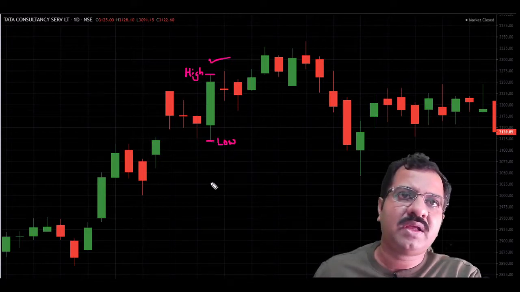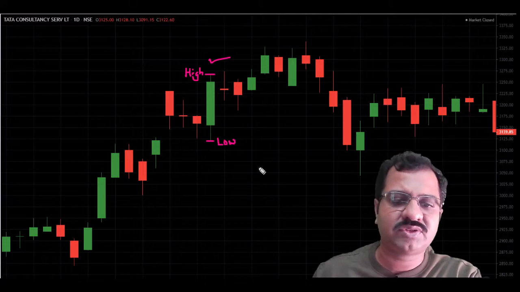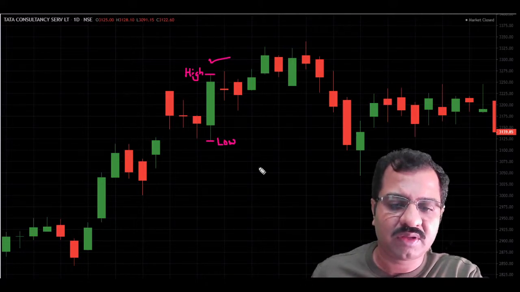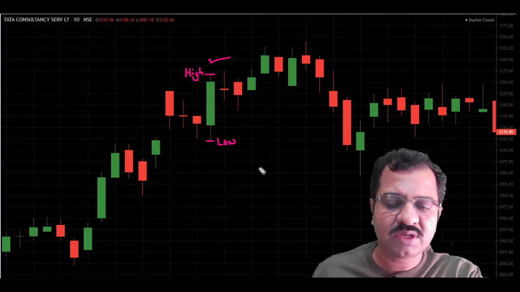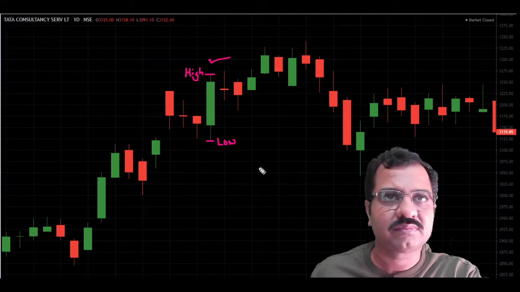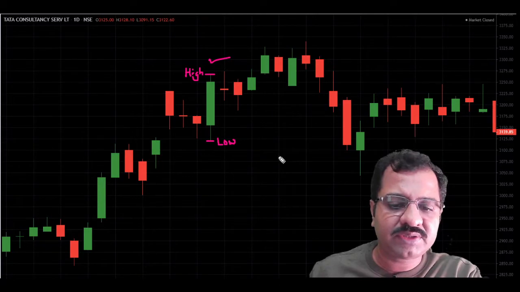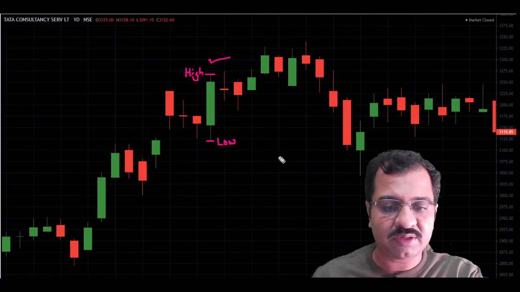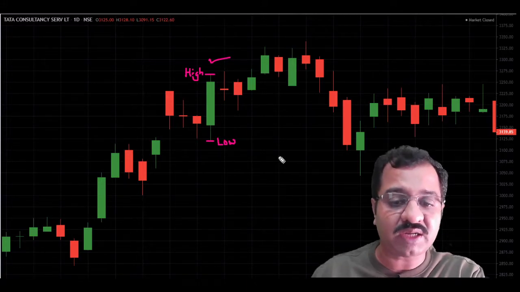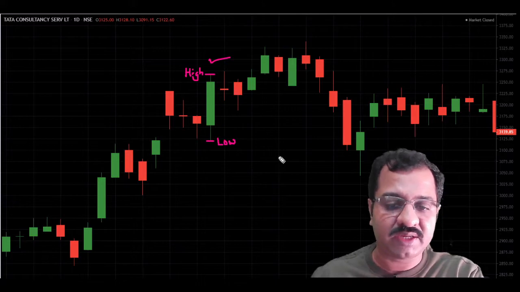Now if you are seeing this chart, you are seeing two color candles, either green color candles or red color candles. Okay, green represents bullish candle, means green represents day when prices went up, and red represents bearish day.